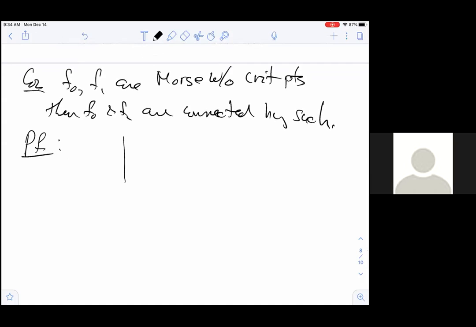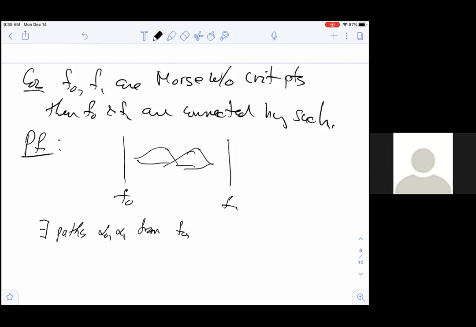So we start with f naught and f1, and they have no critical points. The graphic is in here, I don't know what happens. So they have no critical points. So there exist paths, alpha naught, alpha 1, from f naught and f1 respectively with Q births.